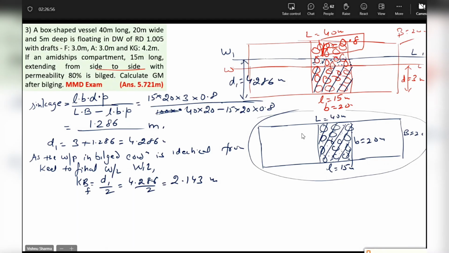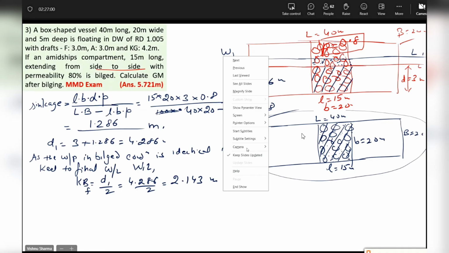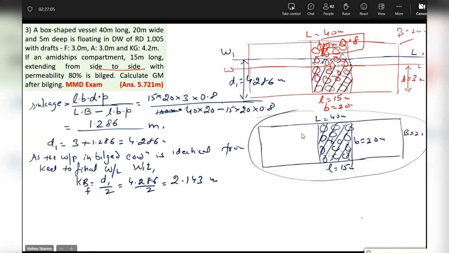Now we come to the BM part of it, beta. Now you tell me, guys, I'm asking you just to test you. Look at the water plane area. How many areas are intact in this? One is at the forward side of midship. Other is at the aft side.